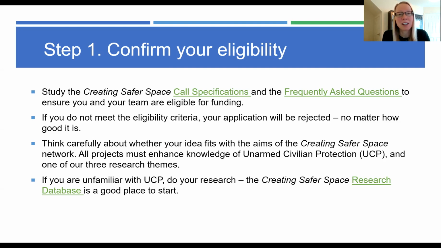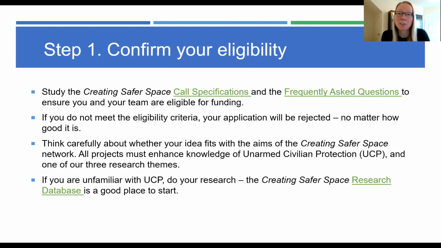Think carefully about whether your idea fits with the aims of the Creating Safer Space network. All of our projects must enhance knowledge of unarmed civilian protection, or UCP, and one of our 3 research themes as described in the call specifications. If you're unfamiliar with UCP, it's a good idea to do some research at an early stage.